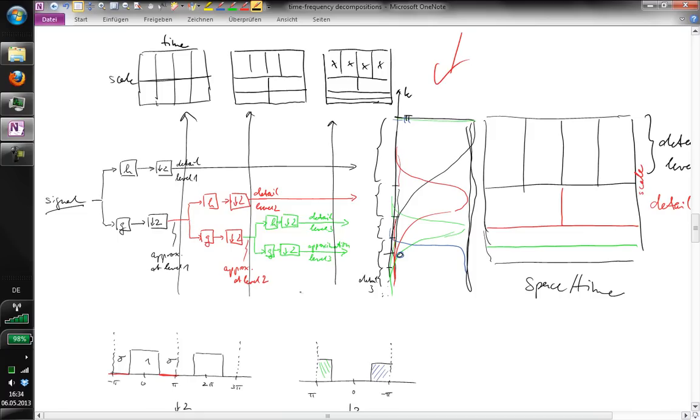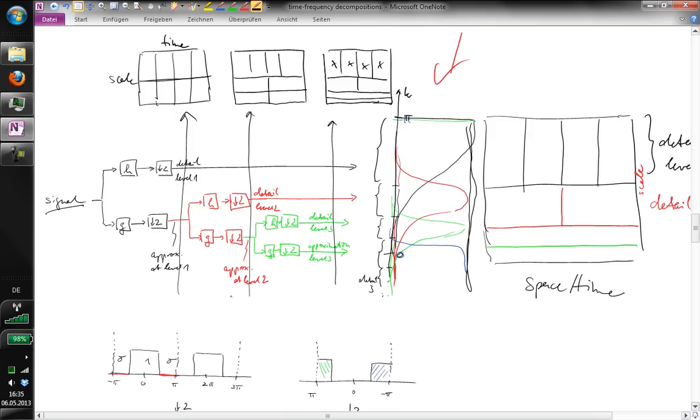I could have stopped here after just 2 recursive partitionings if I had wanted, rather than 3. This is the choice that I have. I always start at the finest level, at level 1, but then I have the choice to what coarse scales I want to continue.